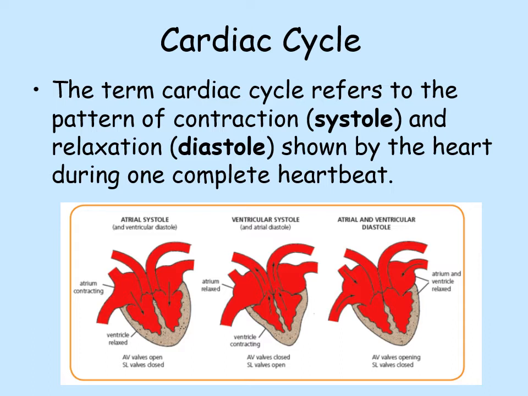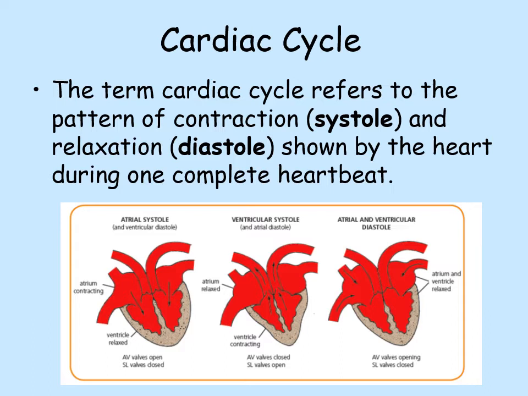The second stage of the cardiac cycle is known as the ventricular systole stage, and as the name suggests, the ventricles contract. All the blood that was in the ventricles is now squeezed out of them, and the blood leaves the heart through the aorta and the pulmonary artery.